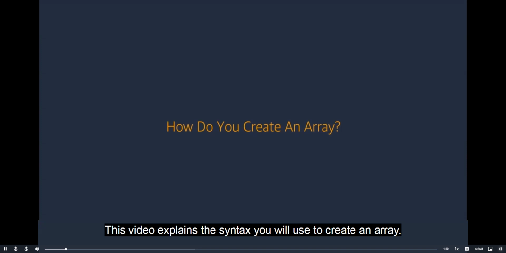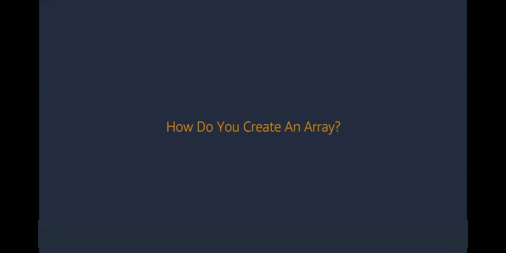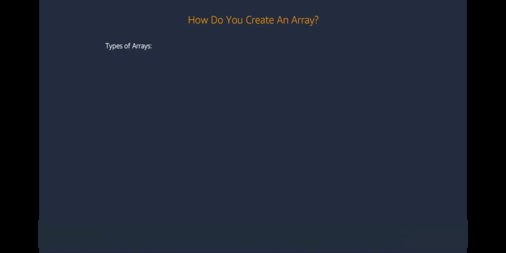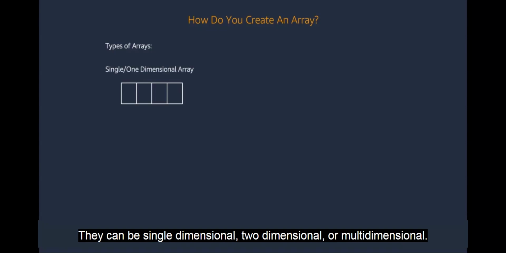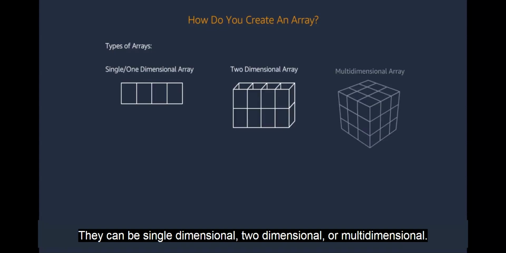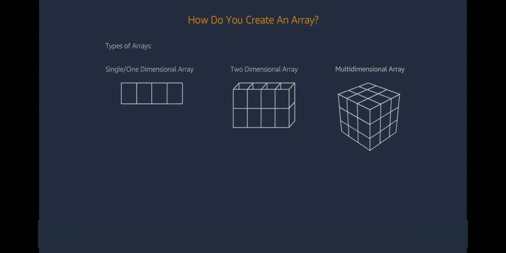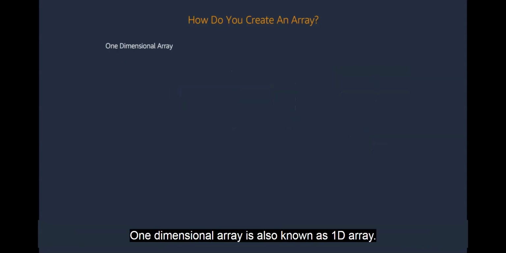This video explains the syntax you will use to create an array. Before creating arrays, let's understand the types of arrays. They can be single-dimensional, two-dimensional, or multidimensional. One-dimensional array is also known as 1D array.